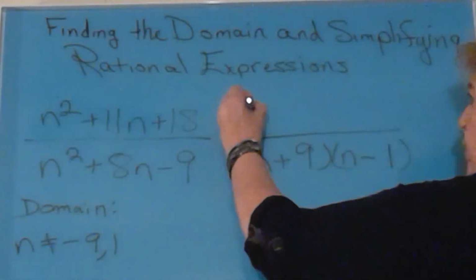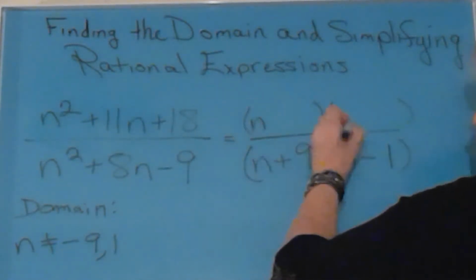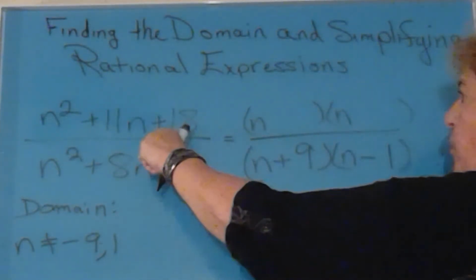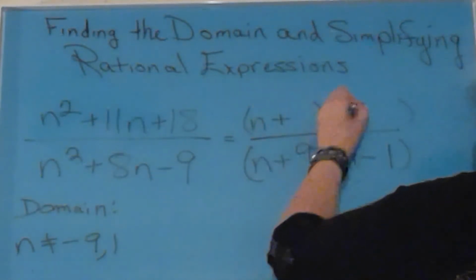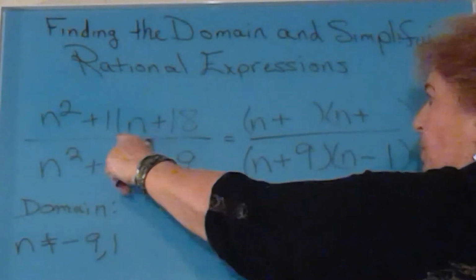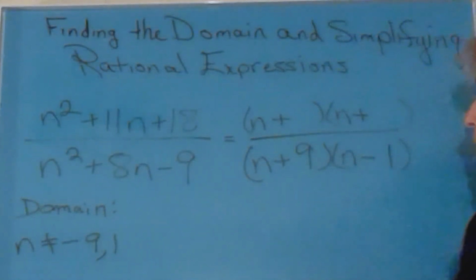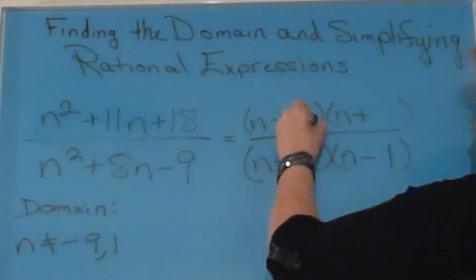If I factor the numerator, again, I'm going to have n. In the numerator, the signs are going to be the same. I need a product of 18 that gives me a sum of 11. And that's going to be 9 and 2.